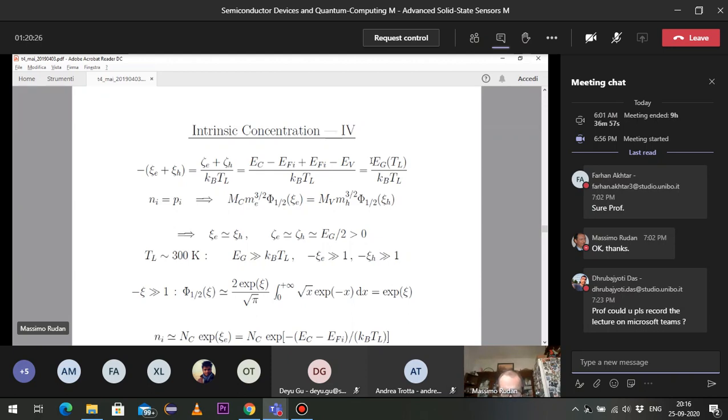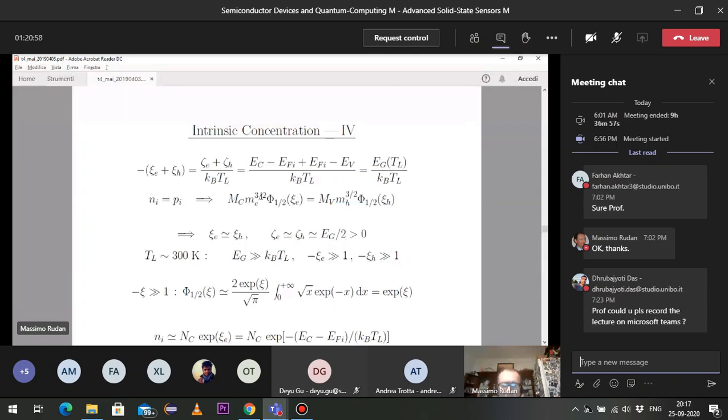So the two quantities, psi e and psi h, are not independent, okay? So we have essentially two relations, the first line and the second line, with two unknowns, psi e and psi h. So in principle, we can calculate psi e and psi h.